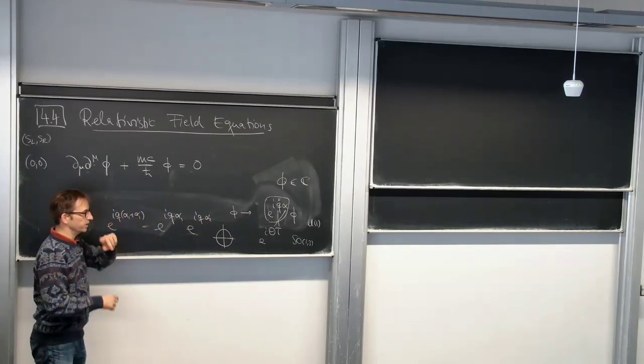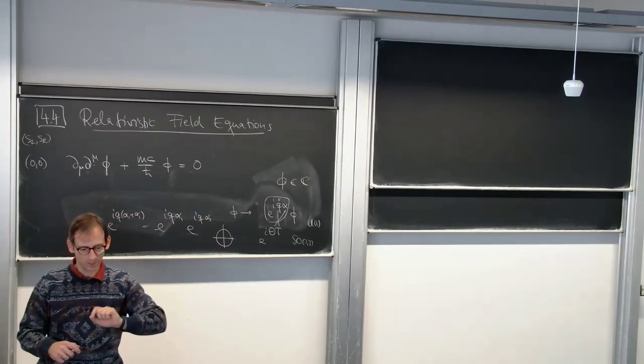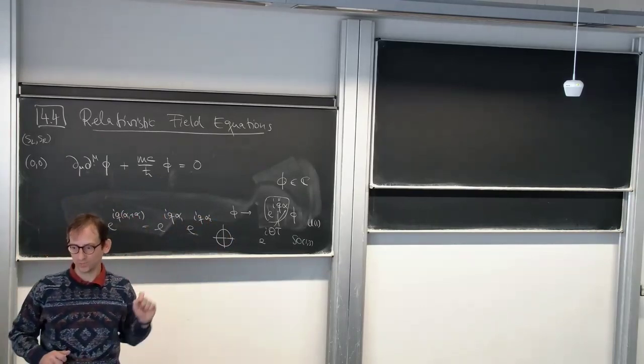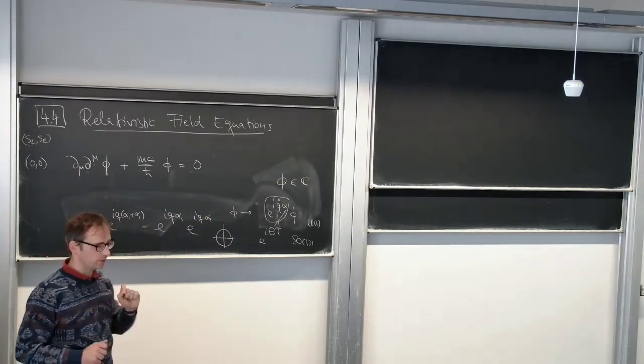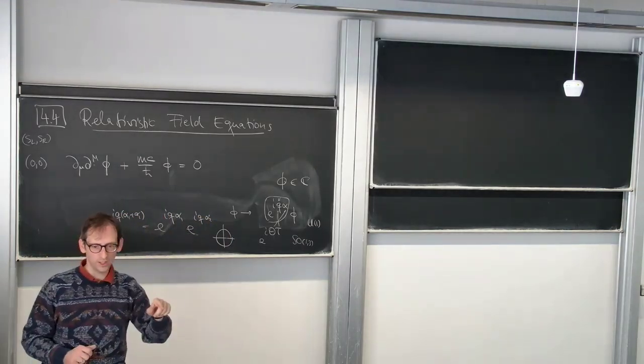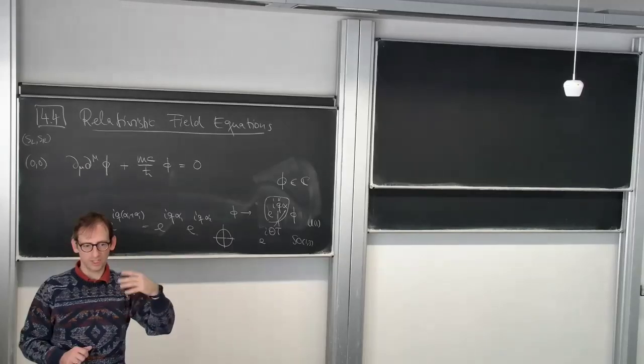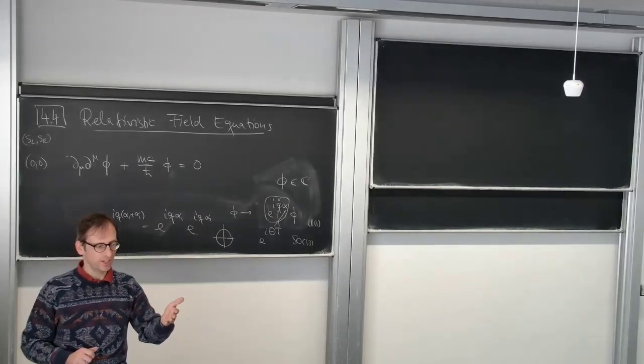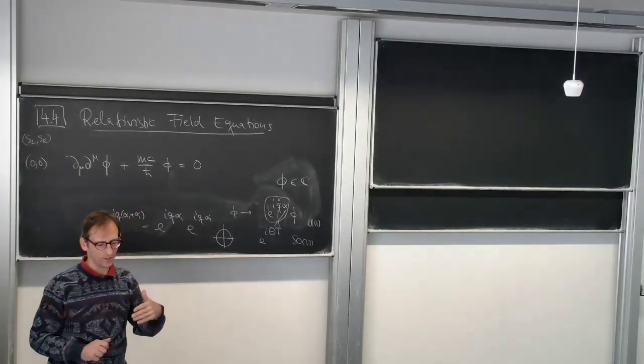So it's a representation for any Q, and now the Q, back to physics, is the electric charge. So when you know how your field transforms under the U1, then you know what its electric charge is. Isn't that fun?